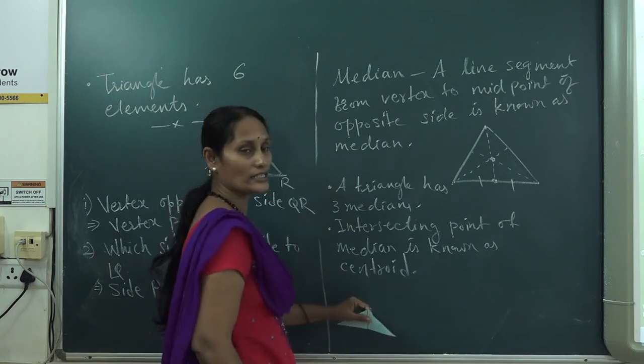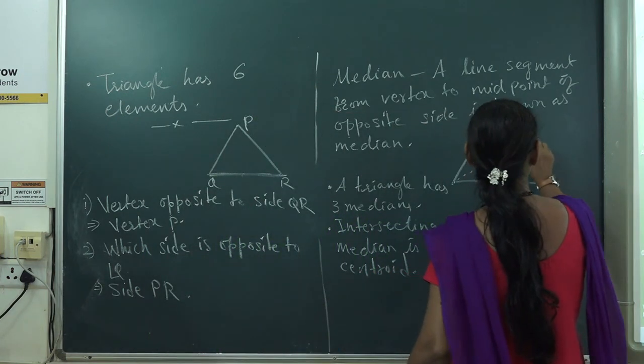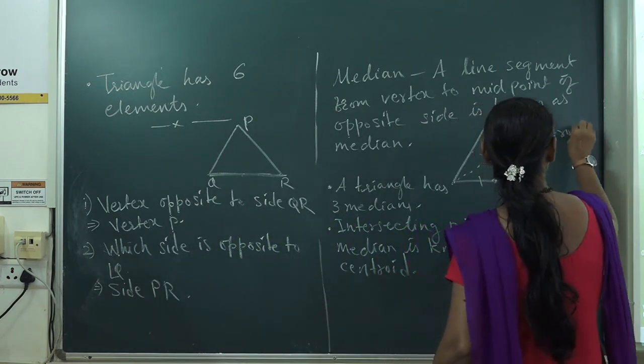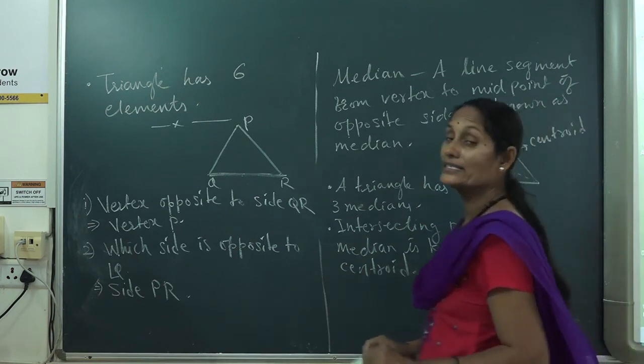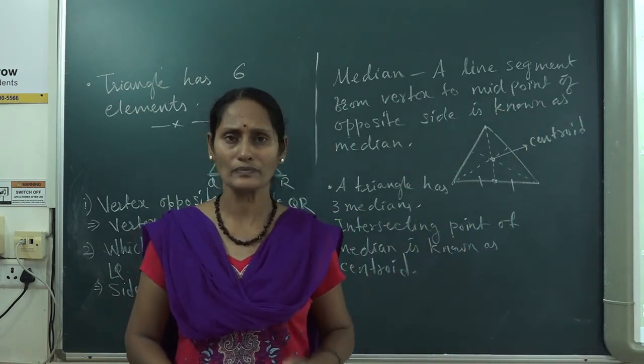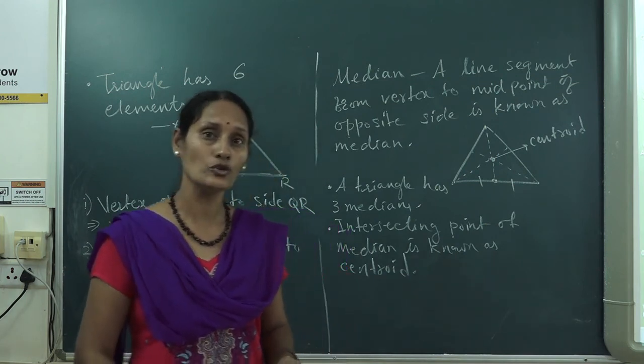Remember this, children, the intersecting point is known as the centroid. And the centroid divides the median in the ratio 2:1.